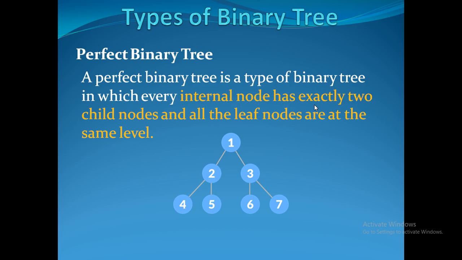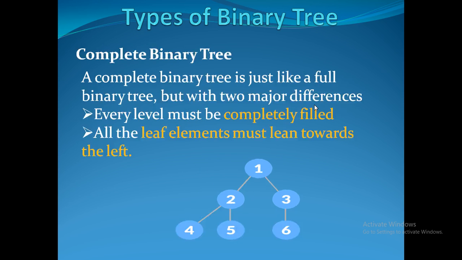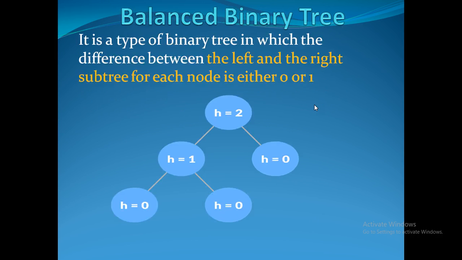So if the height of the tree is more than 5 or 6, then the time consumption for searching a particular element will be high. So to avoid that, we will arrange the tree in a height balanced way.